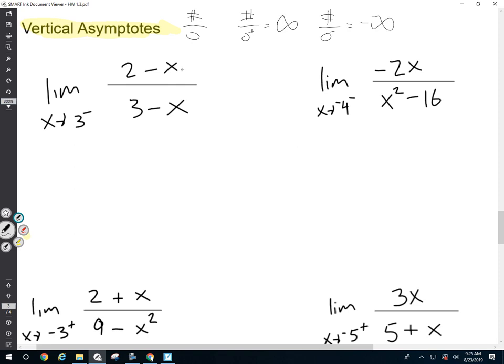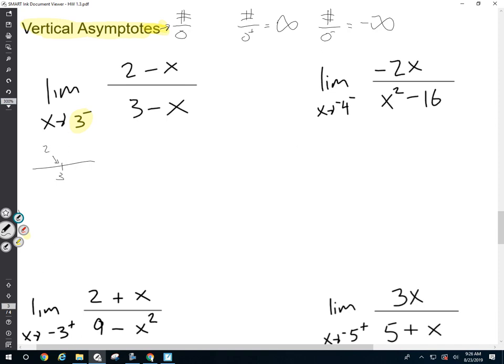Now notice, vertical asymptotes, numbers over 0, you are given specific numbers to make the denominator 0 and to make the numerator not 0. Okay? Now, here's what I'd ask you to do. Use a number line. 3 from the left.